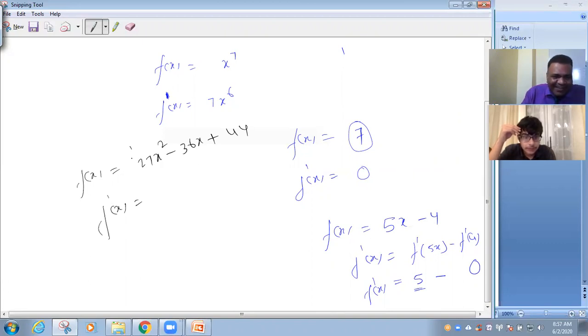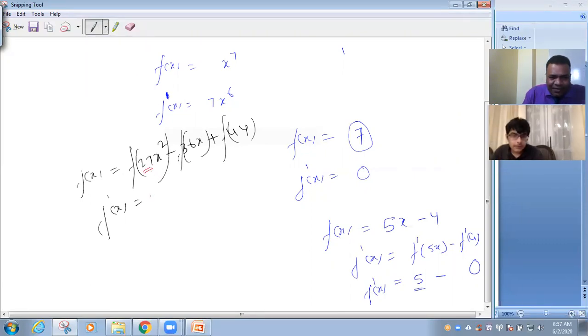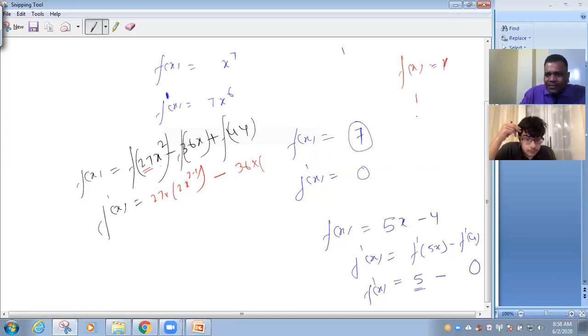You do it separately. The 27 stays outside, and x square becomes 2x power 2 minus 1. Minus 36 stays outside. And how about x? If f of x is x, then f dash x is always 1, because this can be written as 1 into x power 1 minus 1, which is 1 into x power 0, which is 1.